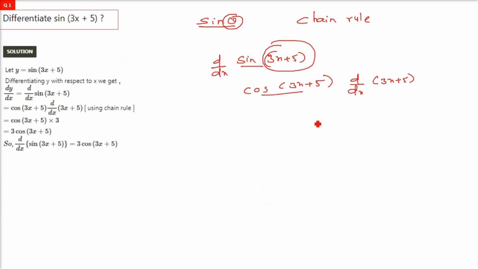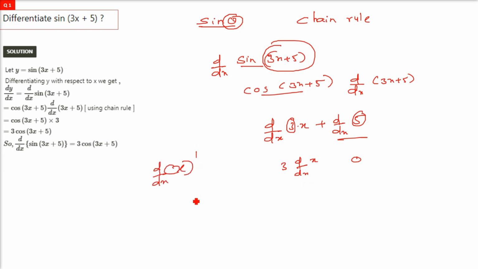So this cos of 3x plus 5 will come in front. And then d by dx of 3x plus 5, how to do this? D by dx of 3x plus d by dx of 5. The constant always comes out, so you can call it 5 into d by dx of 1, that is going to be 0. And 3 into d by dx of x, that is going to be 1. This is for x, which can be assumed to be a power of 1.